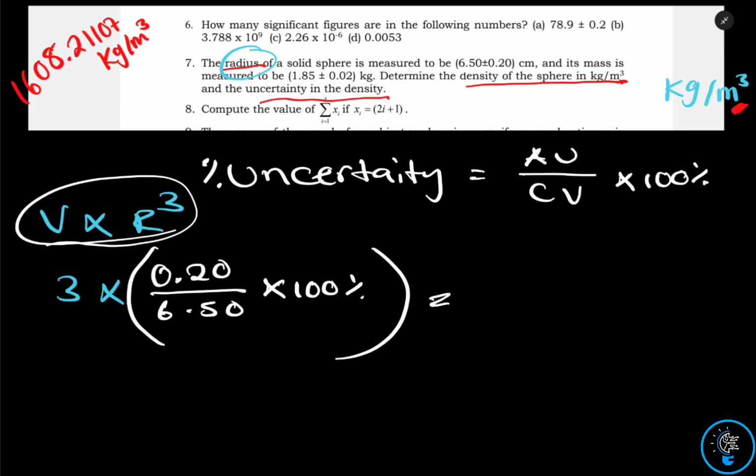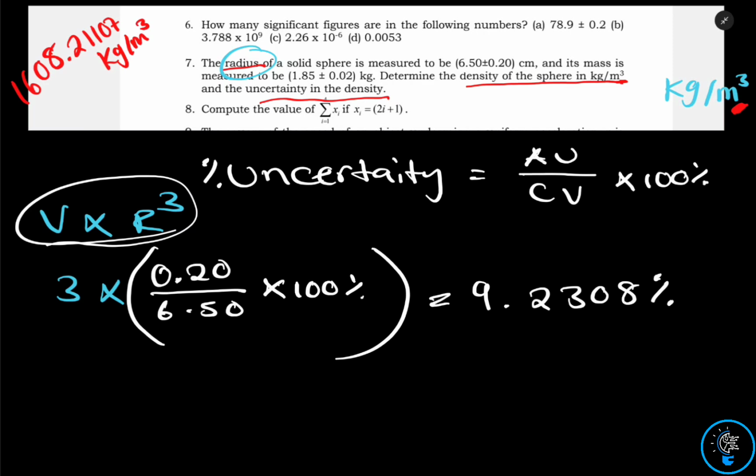So the volume part will give us 0.2 divided by 6.5 times 100 times 3. And you're going to get a value of 9.2308%, by the way.